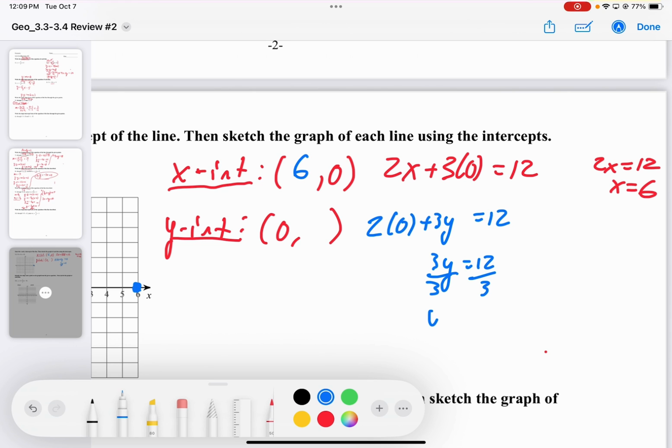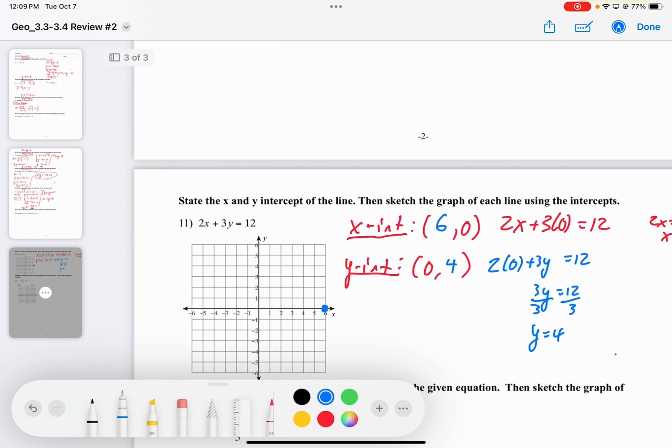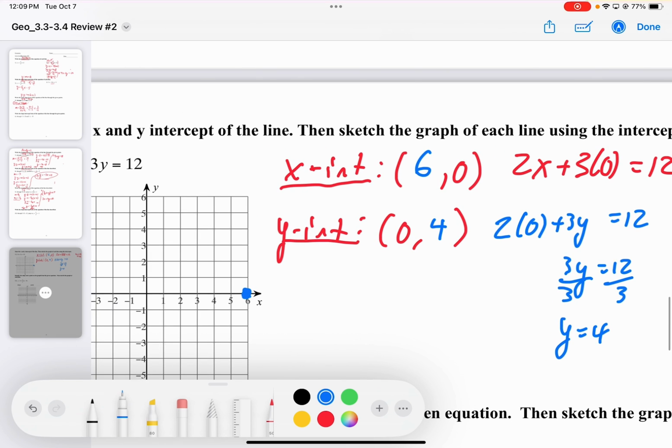Divide by 3. y equals 4. So then my y-intercept is going to be at (0, 4). Okay, how many points do I need to plot a line? I got them. So let's plot it.